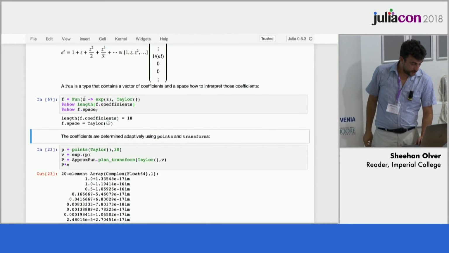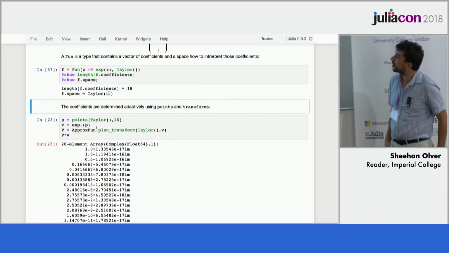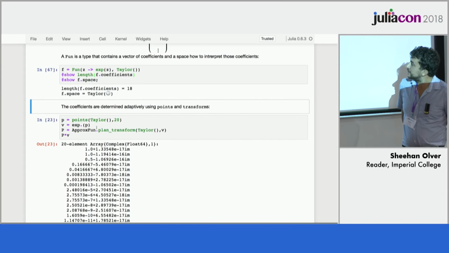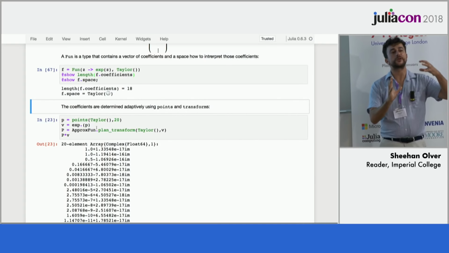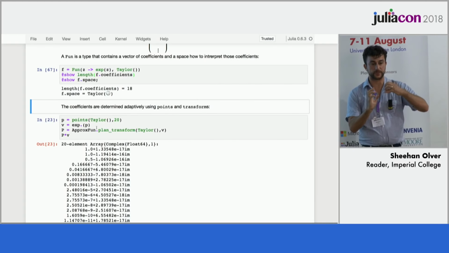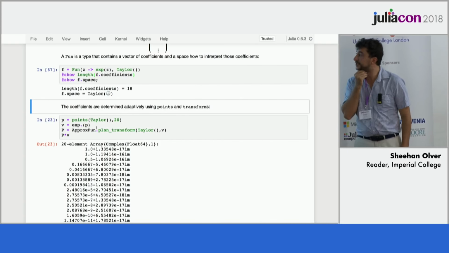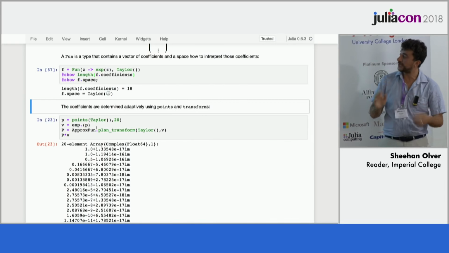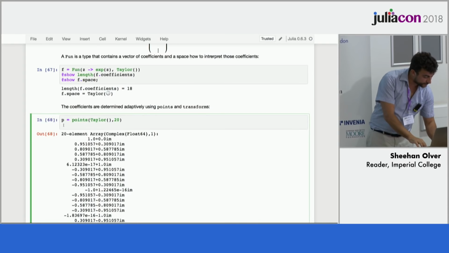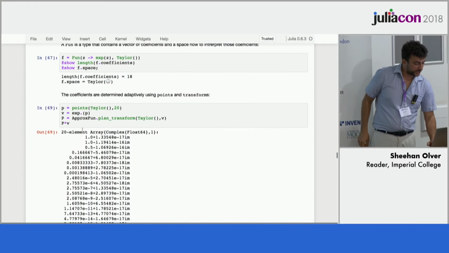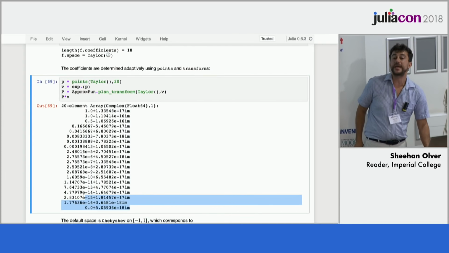Okay. So how does it determine the coefficients? Well, as for those that were in Chris's talk, what happens is it adaptively tries evaluating it on a grid and performing a transform. So in the case of Taylor, this is just the FFT actually. So it evaluates at a grid of points, in this case in the complex plane, of 20 points, and applies the transform to those points, and then it sees decay.